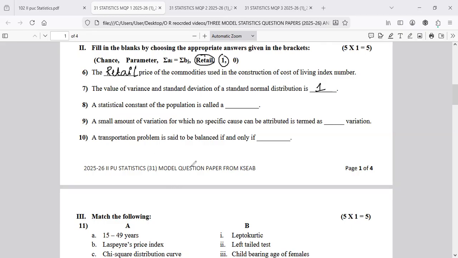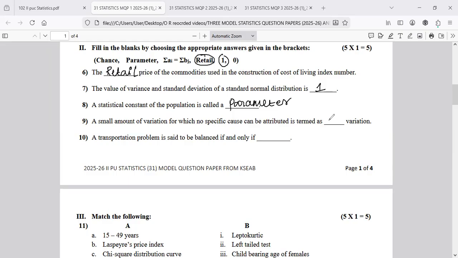The statistical constant of the population is a parameter. A small amount of variation which cannot be attributed to specific causes is termed dash variation. This is SQC, and definitely one question comes in the fill in the blank.